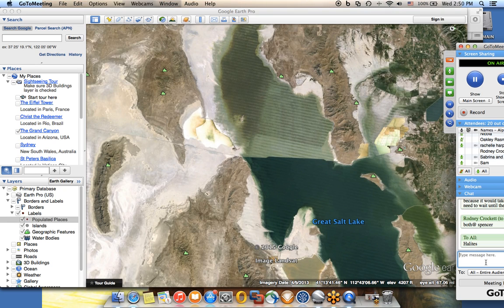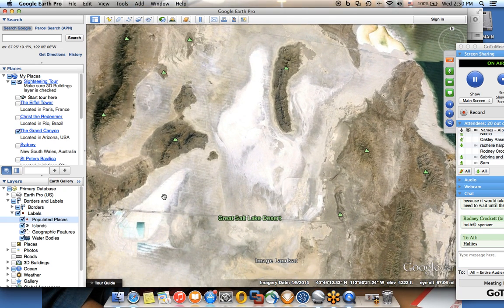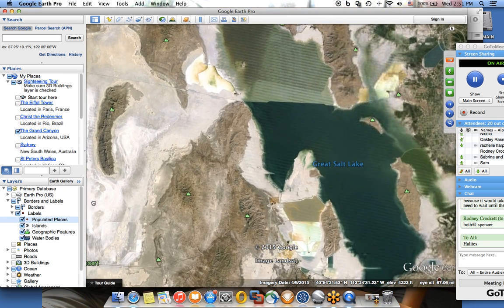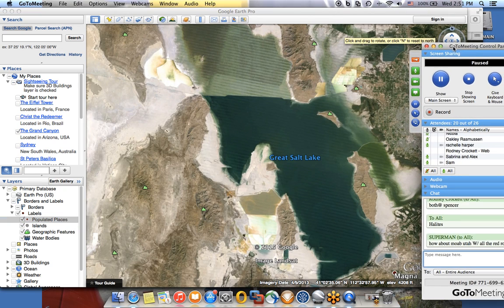Okay, the halides are basically rocks formed of evaporation of water deposits with salt. So halides are rock salt. So all the whitish and white areas, all the salt flats of the Salt Lake are sedimentary deposits of salt. All right.